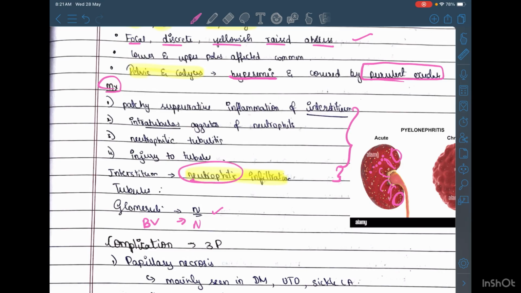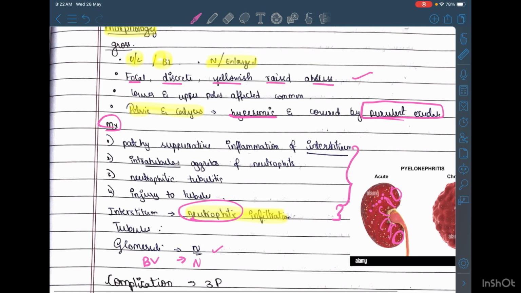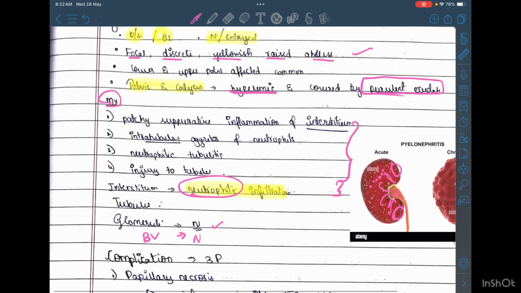Other than neutrophilic infiltration, there will be patchy suppurative inflammation in the interstitium.